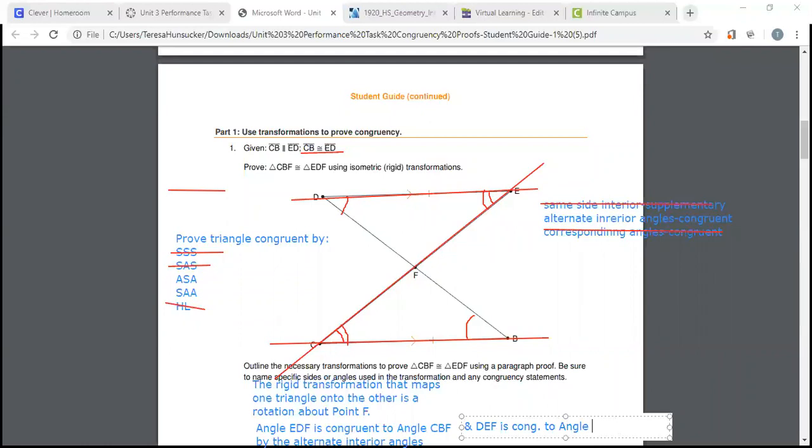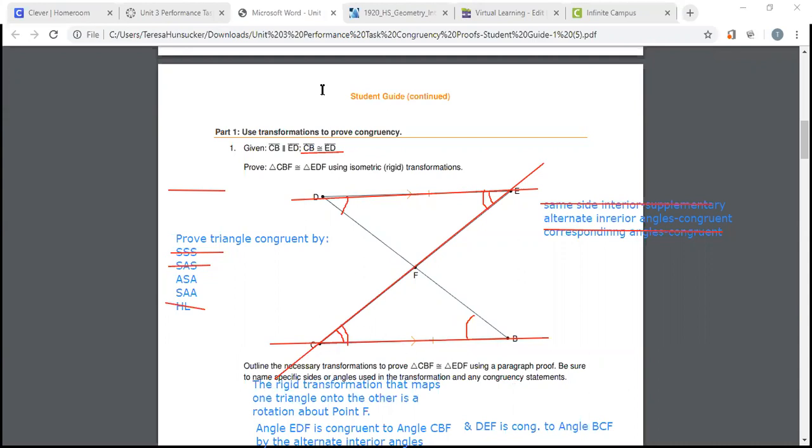All right, so DEF, you go from D that has 1 arc. The corresponding angle of D is B, that also has 1 arc. E has 2 arcs, C has 2 arcs, and then F. And they're all congruent for the same reason, by alternate interior angles.